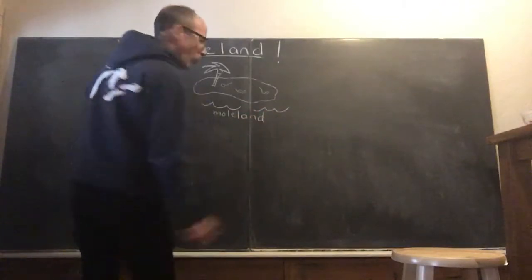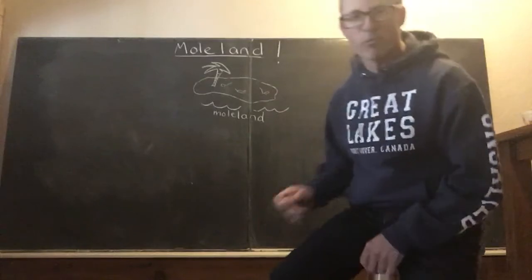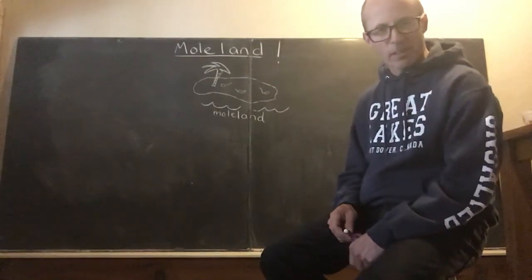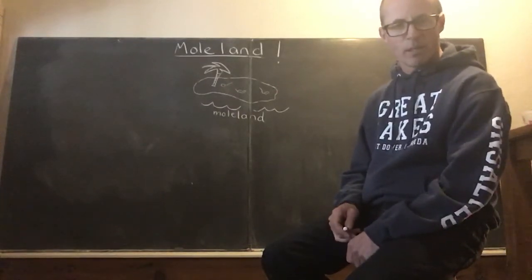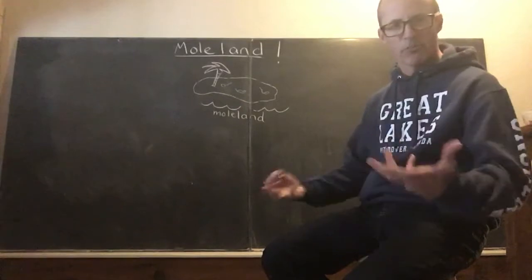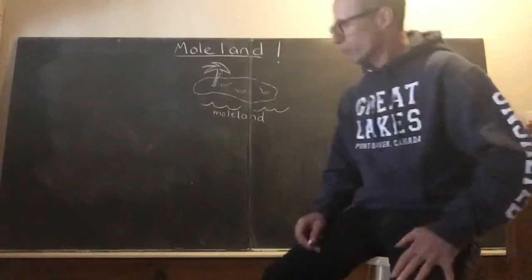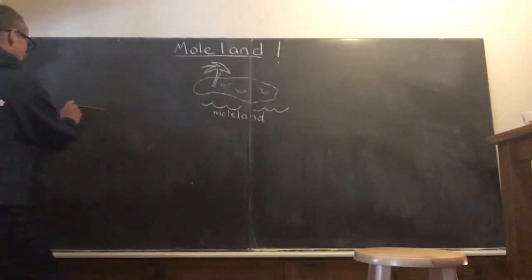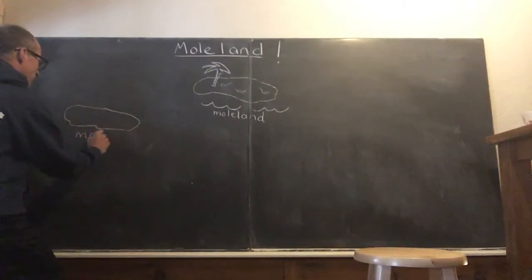Now, these moles are pretty busy, but they do like to move from island to island. But as you probably know, moles hate water. So they're very industrious, and they were able not only to go from island to island, but to build some bridges between the islands. So down here to the left, we're going to have a second island, and here it is.